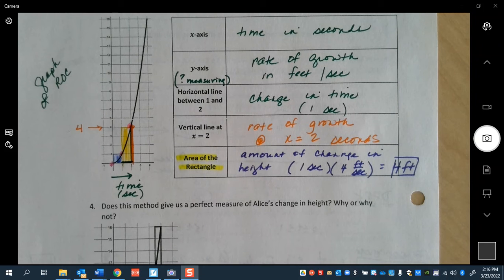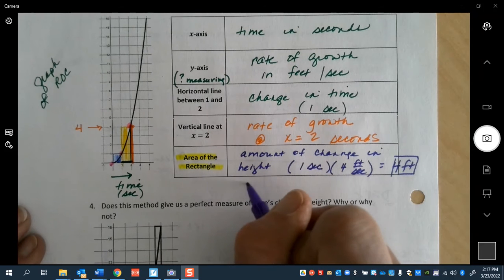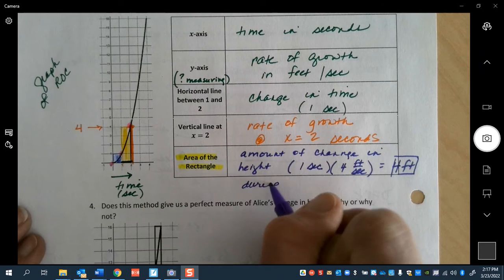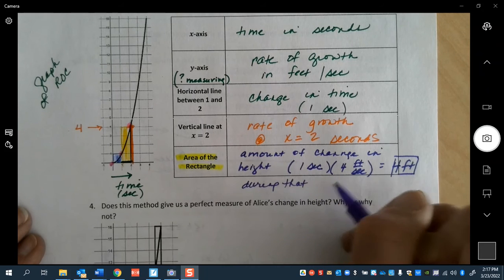So far, her accumulation of change is her 5 feet. We're taking the derivative graph, and we're working backwards to try to figure out what it represented before we were looking at its rate. So that's the amount of change in height, and that is during that interval.